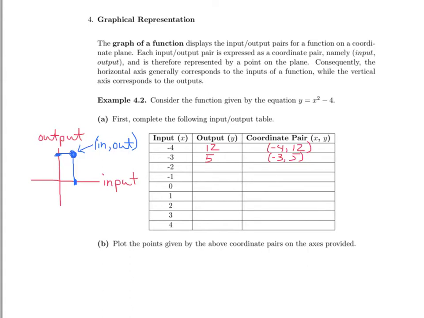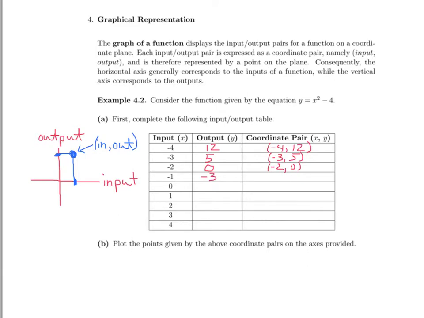Continuing on, if we plug -2 into the function, we arrive at 4. Take away 4 gives us 0, so the output is 0, and the coordinate pair is -2, 0. If we continue on substituting in the remaining inputs, we arrive at, let's see, -1 squared is 1. 1 minus 4 is -3.